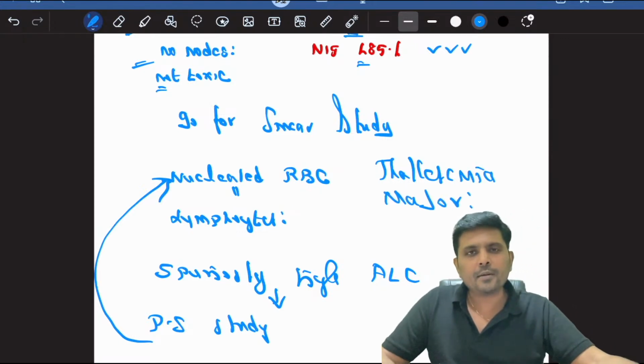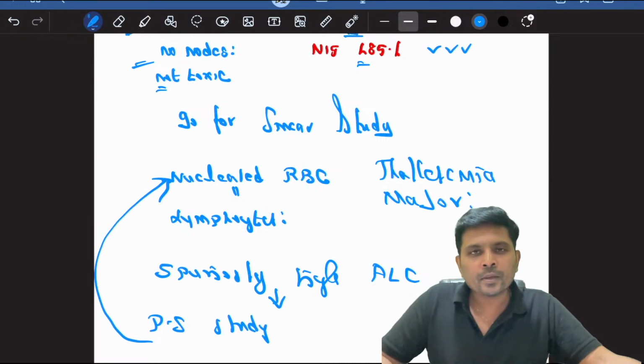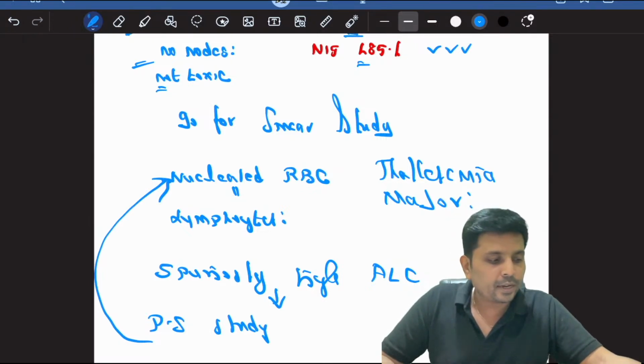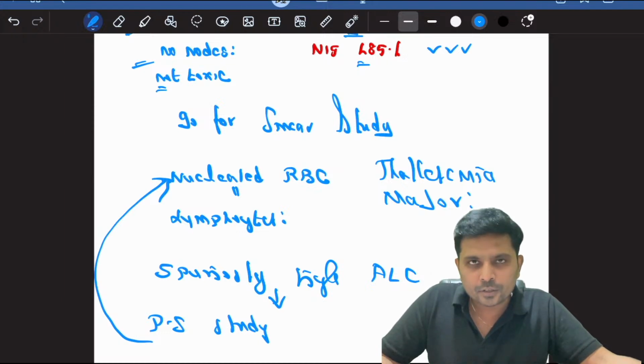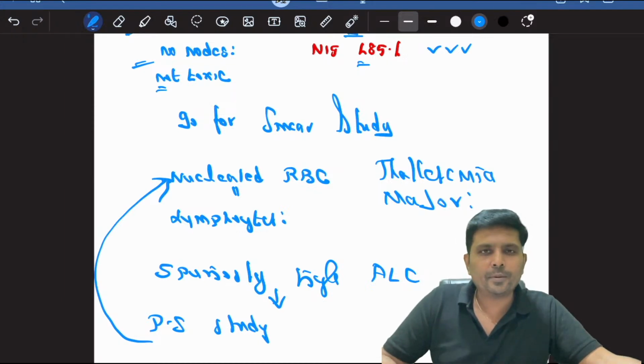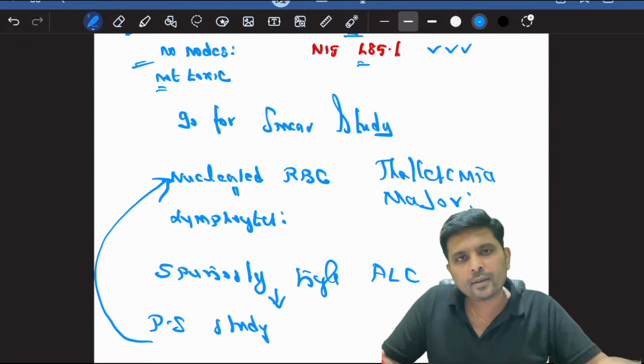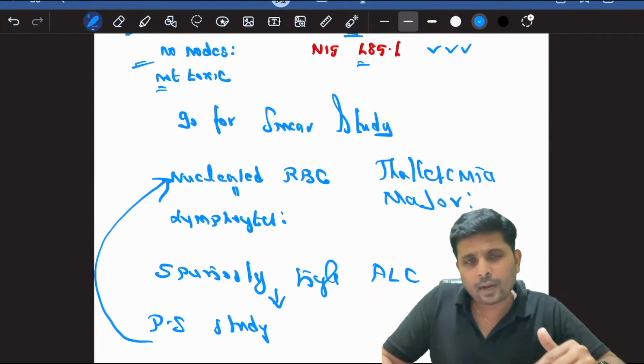Thalassemia major is a microcytic anemia. In thalassemia major, hepatosplenomegaly will be there because there is extramedullary hematopoiesis, because bone marrow is not working. And why this high total count?